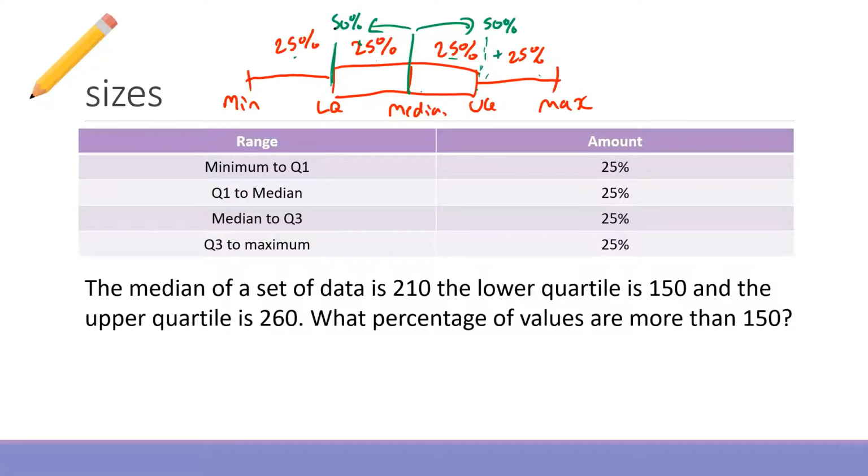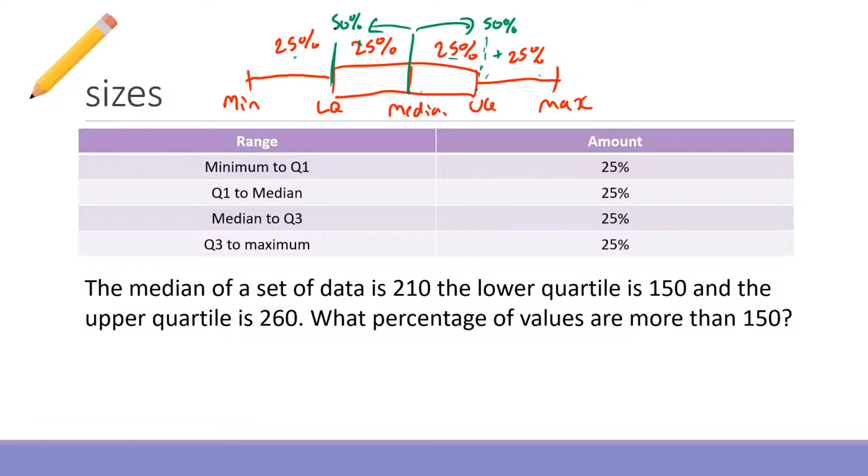If you hear that the median house price is $900,000, that means 50% of the houses are more than 900,000 and 50% are less. If the median of the test is 60%, that means half the class got more than 60% and half the class got less than 60%.